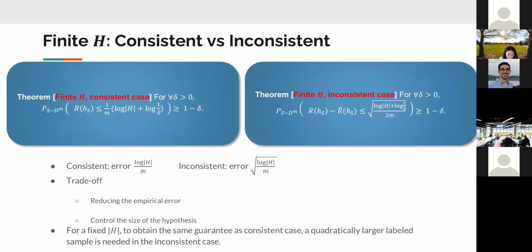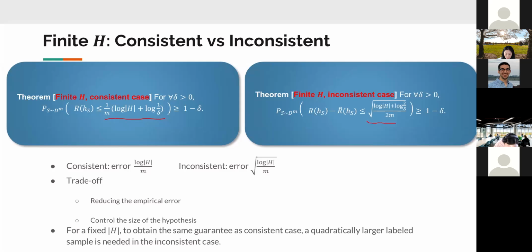So let's first compare the generalization gap. What I'm highlighting here, underlining here, is the generalization gap, because the empirical error is just 0, right? So this is the true error, but also the generalization gap.